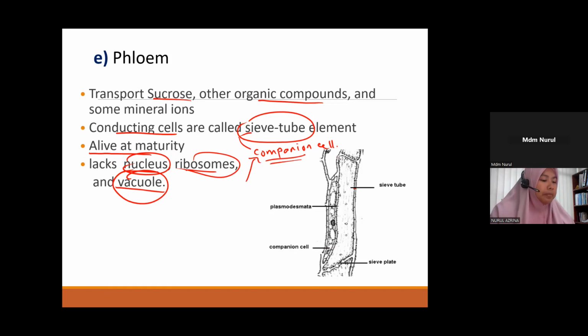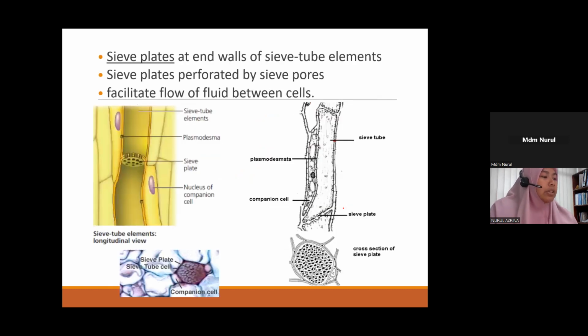So you can see here, this is the sieve tube element, and this is the companion cell. The companion cell has a nucleus. The sieve tube has a sieve plate at the end wall of the sieve tube element.